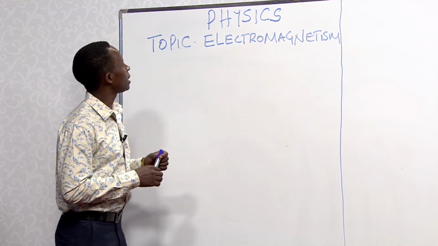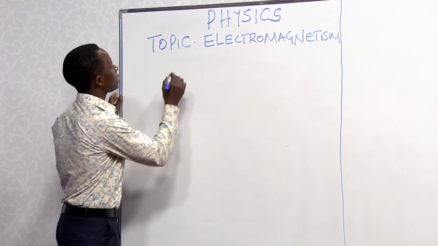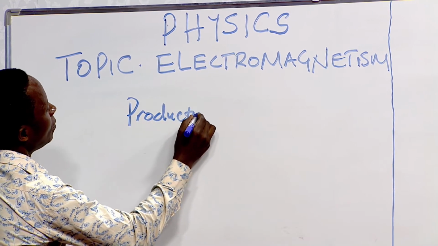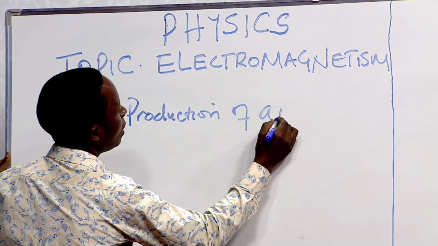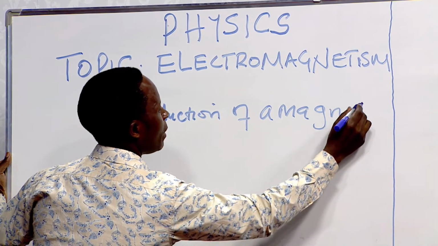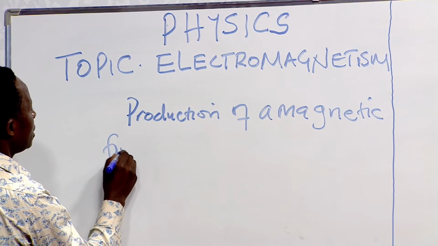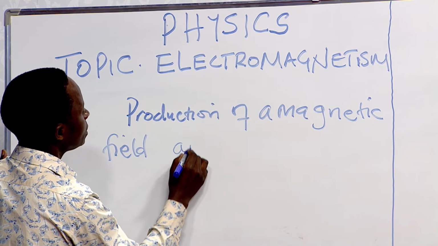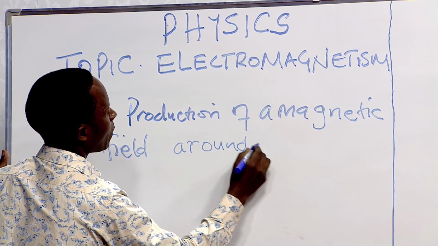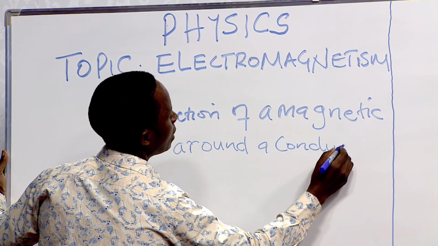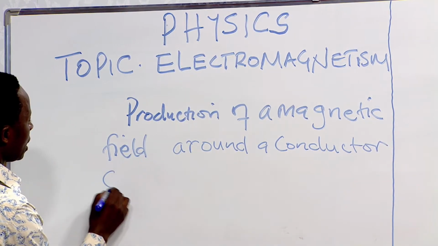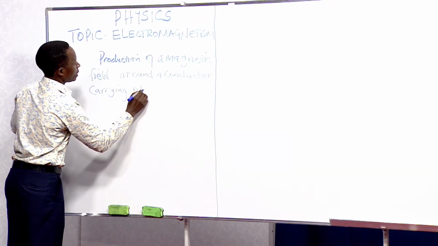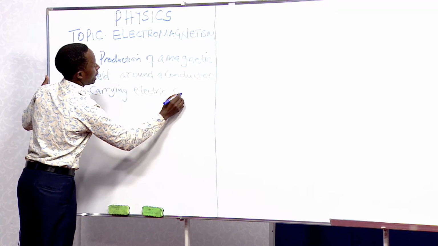So we are saying that electromagnetism is the production of a magnetic field around a conductor carrying electric current.